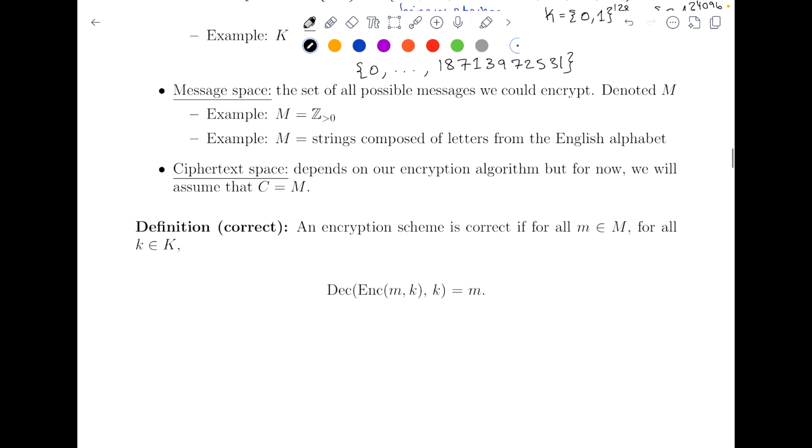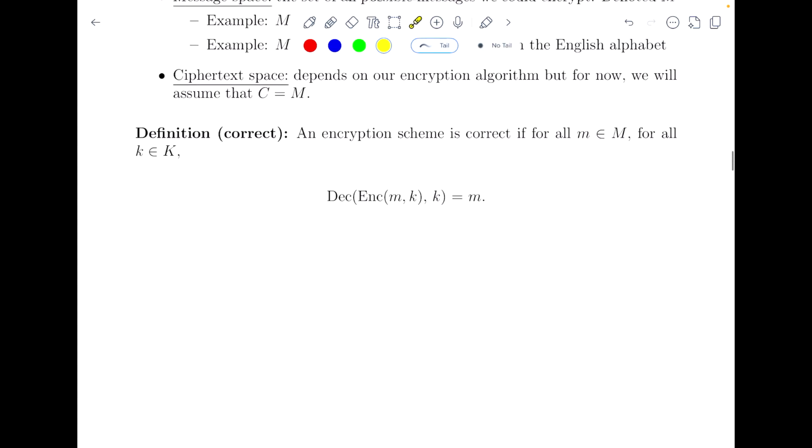Next, I have the message space. I could have M be the positive integers, or some subset. We could do a mod. We can also do strings of letters from the English alphabet. Typically, we're going to use the capital letter M to denote that message space. Lastly, I have the ciphertext space. For now, we're just going to say that the ciphertext space is the same as the message space.